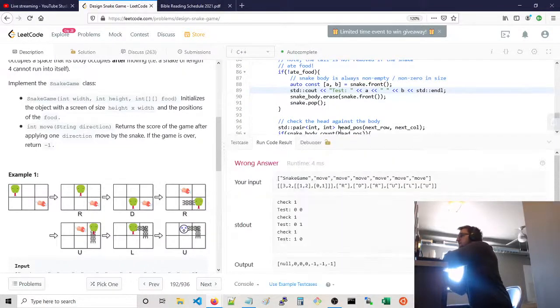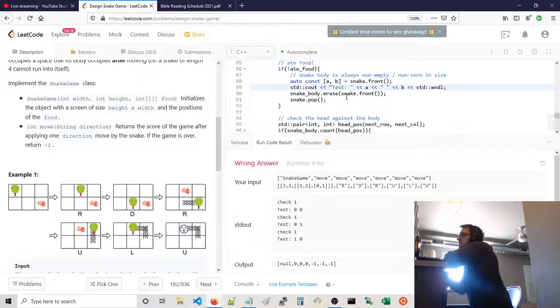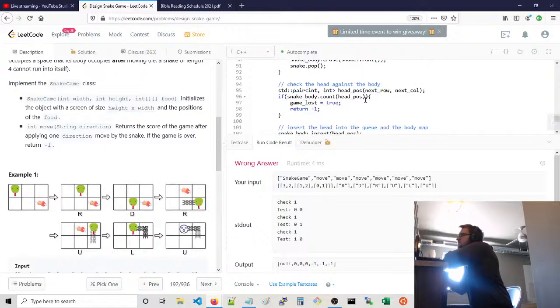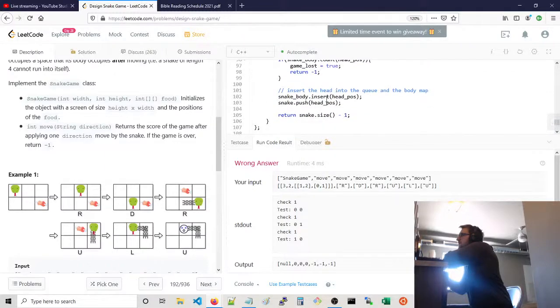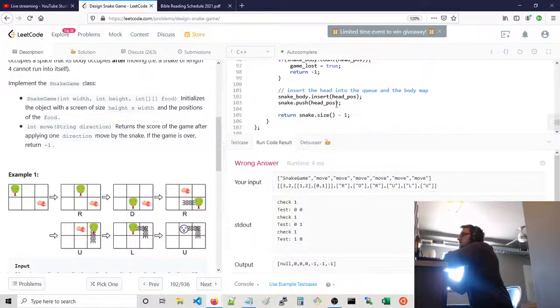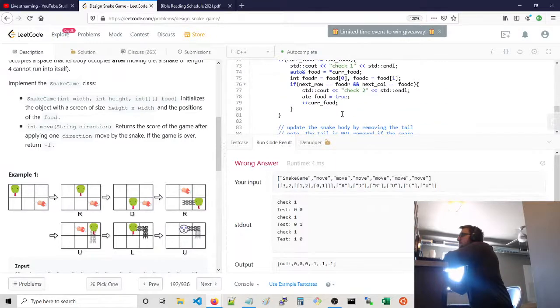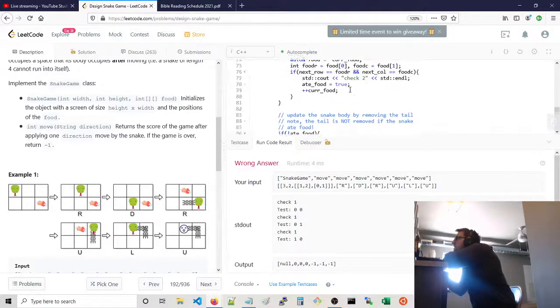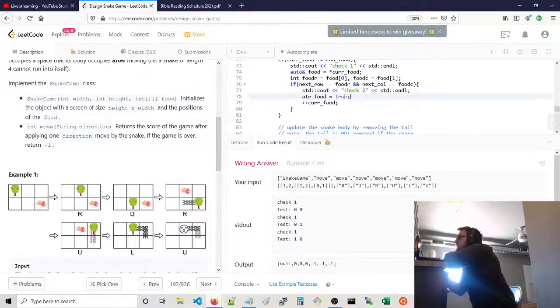I don't know. It's confusing. So snake front 0, 0, 0, 1, 1, 0. This is fine until you get to the food. Then once you get the food, you might run into some trouble. We never actually hit this part though, where we hit the food, so something's going wrong.